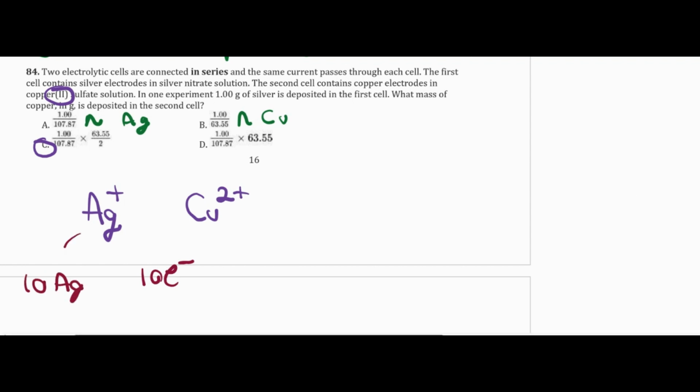We'd get 10 silver atoms. But what about copper? We need 2 electrons to reduce it. So then we get 5, only 5 copper atoms. So that's why here we divide by 2, because the grams deposited will be half of the silver. So always make sure you look at the ions and their charges.